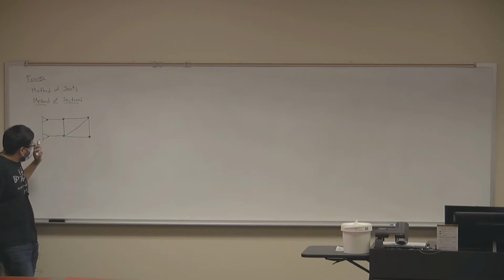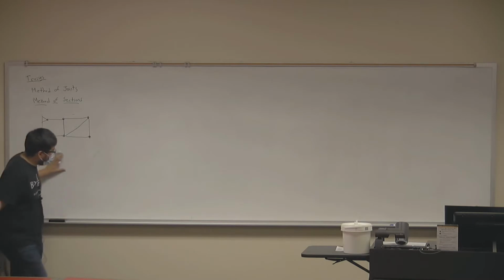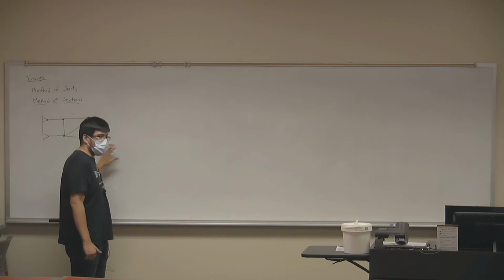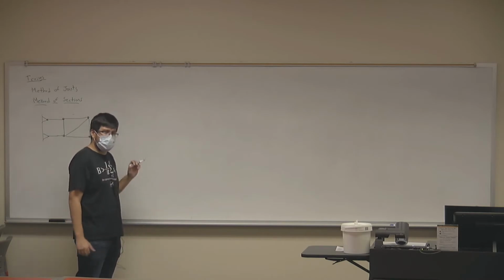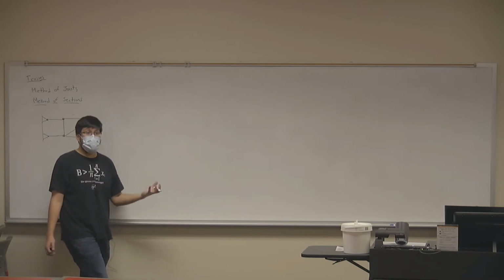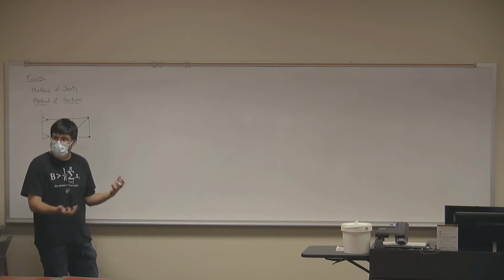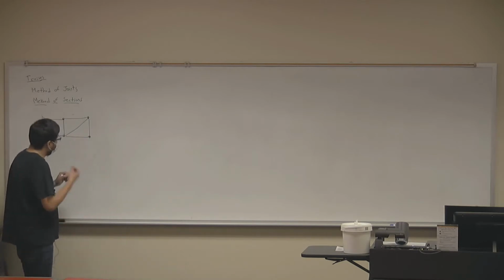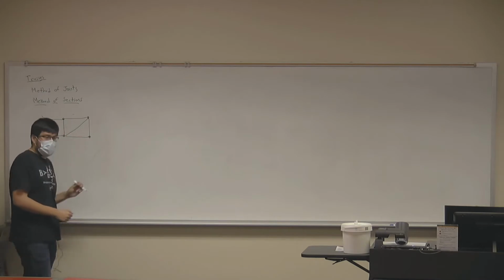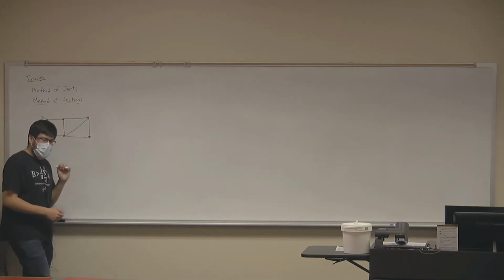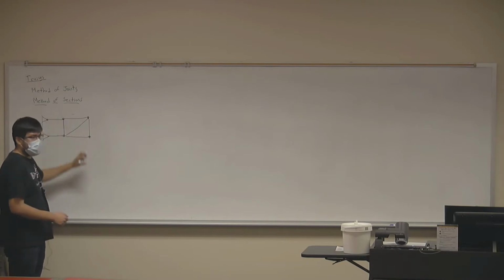Now, what happens if you have a large system? So something with like 15, 20 different trusses. You're going to have a lot of joints, right? Many trusses, many joints. So sometimes, in order to find reactions in a system, it may not be necessary to calculate the entire system.